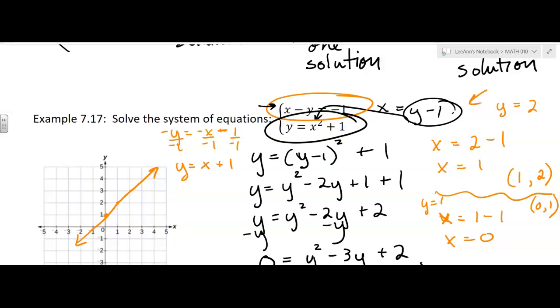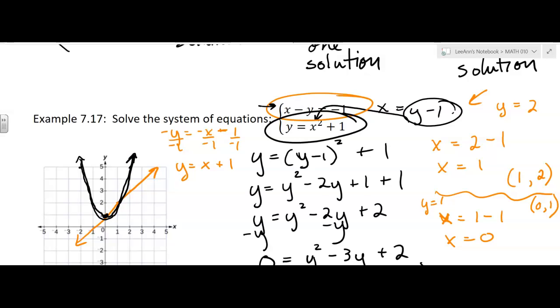Well, that's just a regular parabola, but it's shifted. It's got a vertical shift up 1. So it's going to go through here, and here, and here. So my parabola is going to look, I missed the point, but it's going like that.